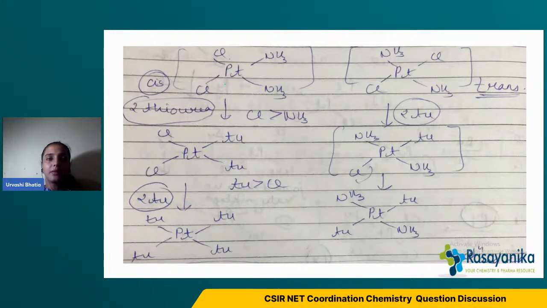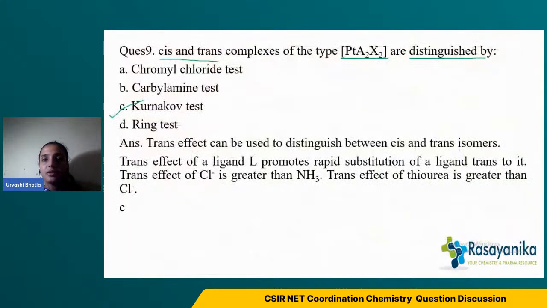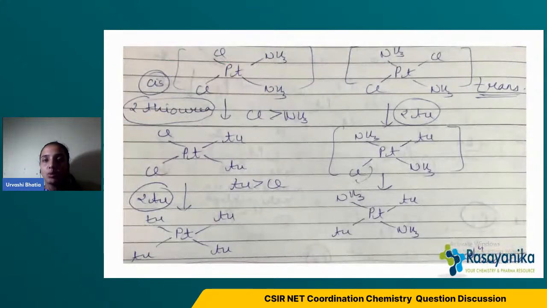Now you'll see that this is cis. In general it is given as PtA2X2, but I have taken an example here: Pt(NH3)2Cl2, right? So this is a cis complex. You can see Cl and NH3 are present on the same side. Now, if we take two thiourea ligands, you can see that there is a series for the trans effect.